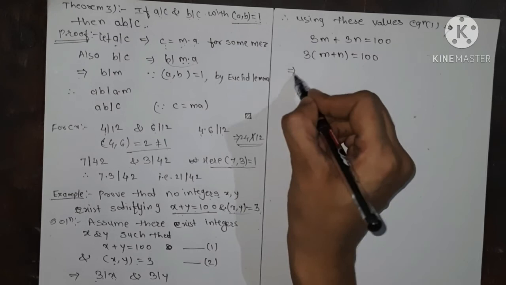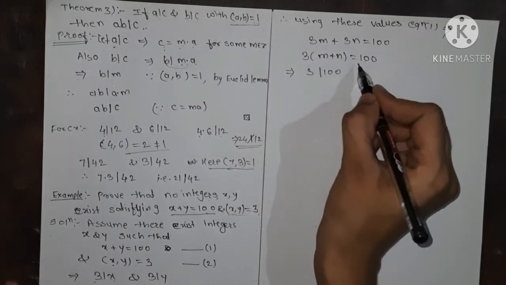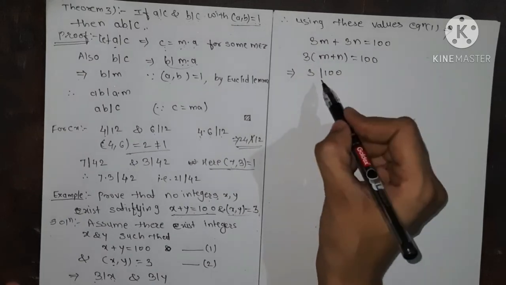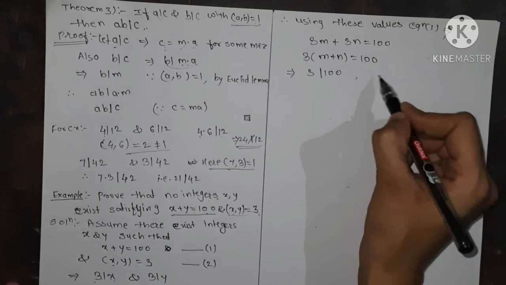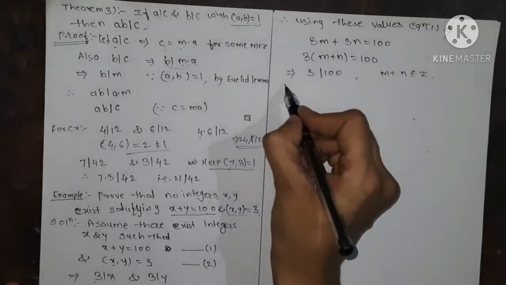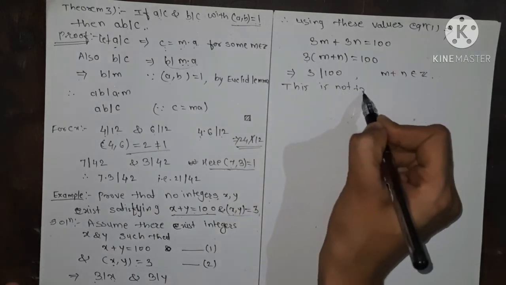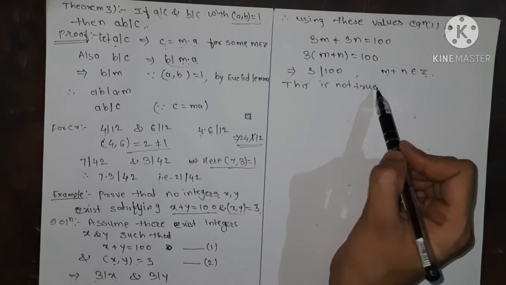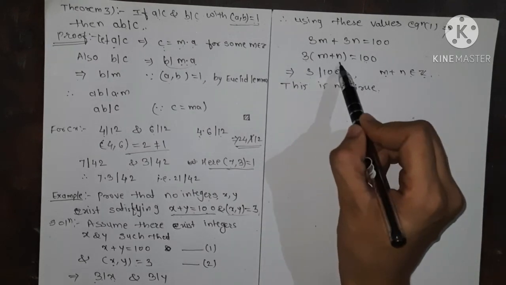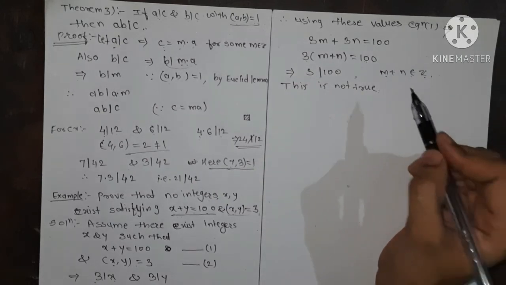So this implies 3 divides 100, because 100 is written as 3 multiplied by m plus n, where m plus n belongs to Z, but this is not true, because we cannot write 100 as an integer multiple of 3.